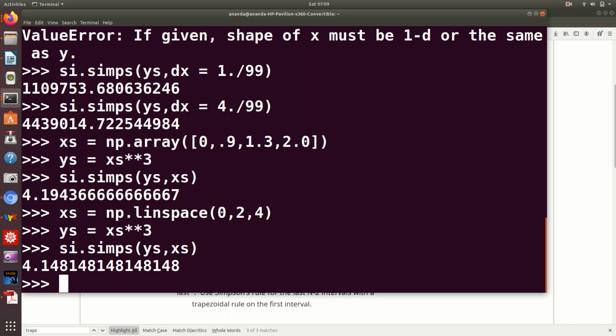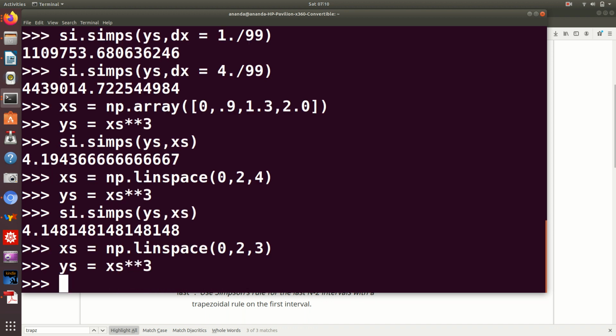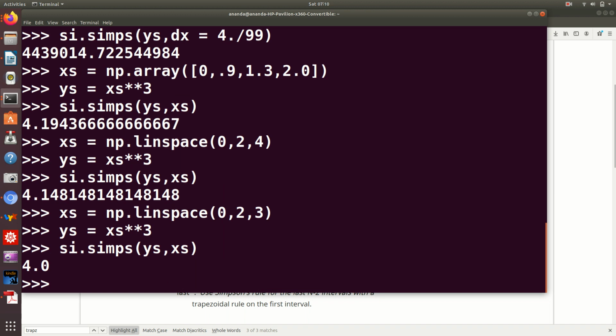So these are equally spaced, yet I am not getting an exact result. I am in a bit of a pickle over this, but let's try 3 points, 2 intervals, and with this I get the exact result.